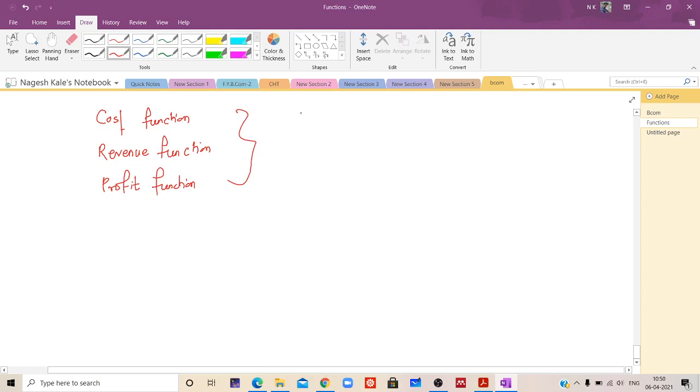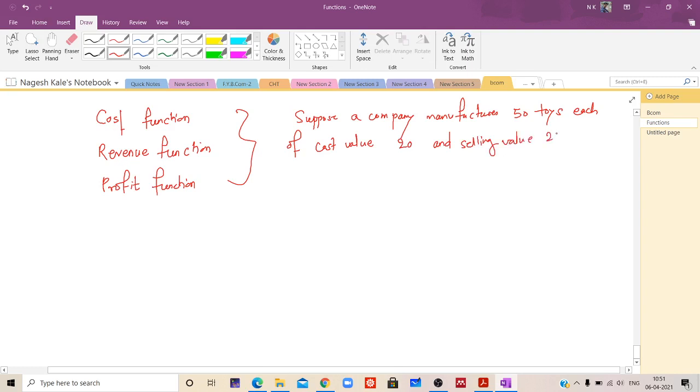Suppose a company manufactures 50 toys, each of cost value, suppose 20, and selling value 25 rupees.